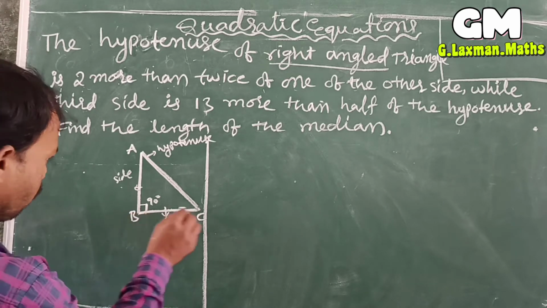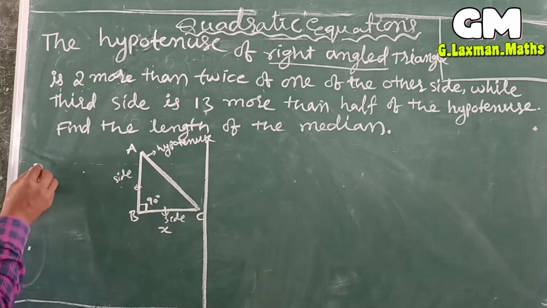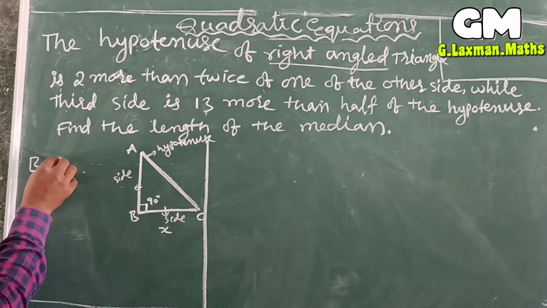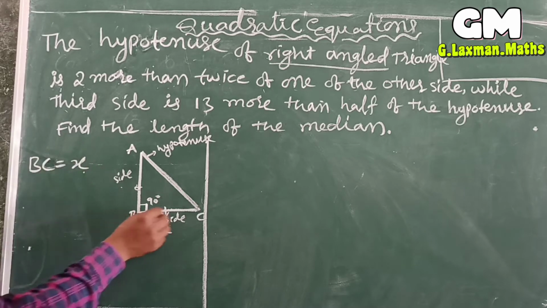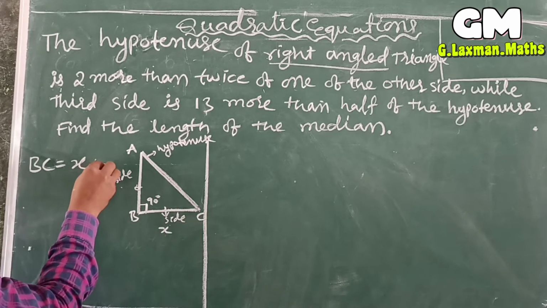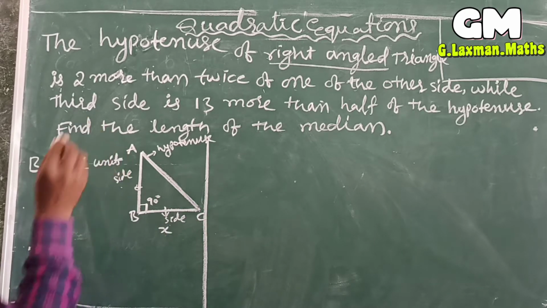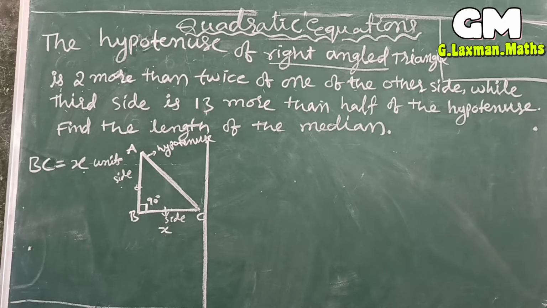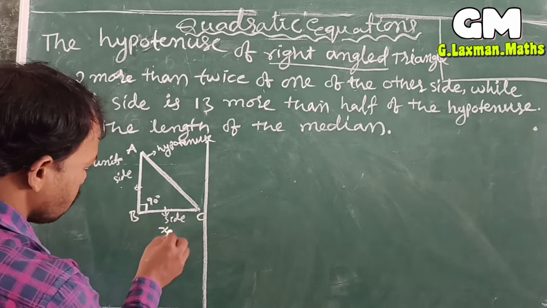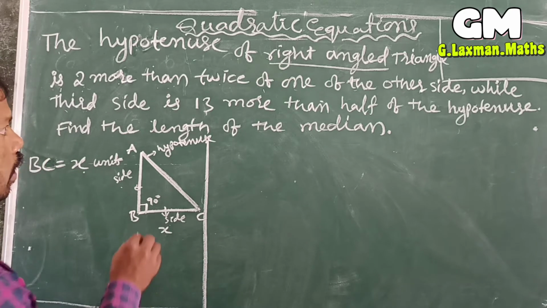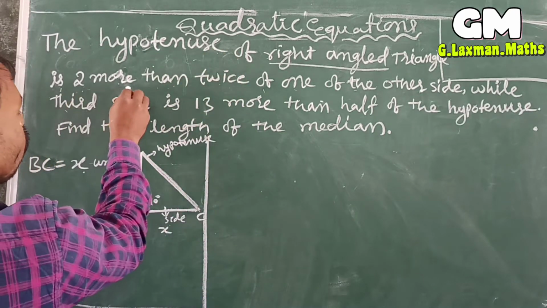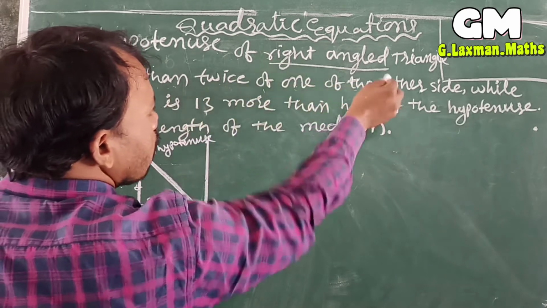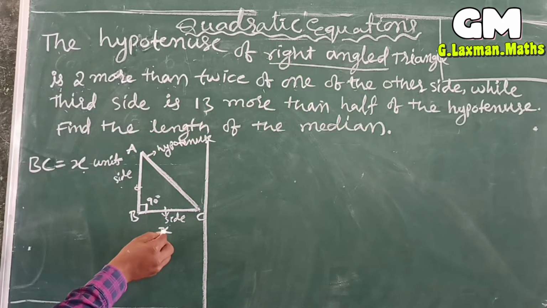The length of BC is x units, right? Now if the length of BC is x units, then the hypotenuse is 2 more than twice one of the other sides. Twice means 2 times.